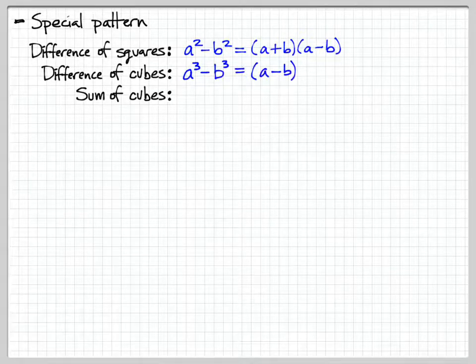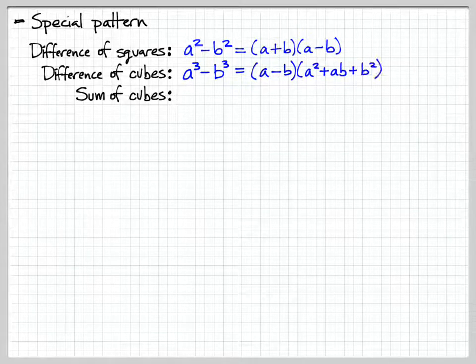So the difference of cubes starts out kind of like the difference of squares, where we have an a cubed minus b cubed, and it's equal to a minus b, and then times this. So this is just something to try to memorize, to try to kind of put into your brain. We have a sum of cubes, which is similar to it as well.